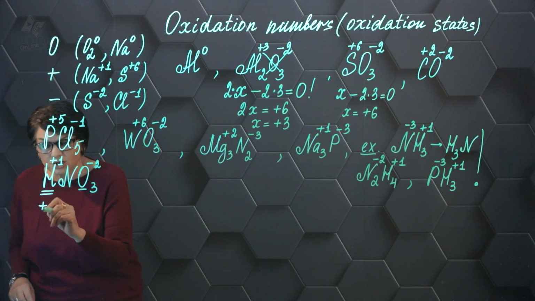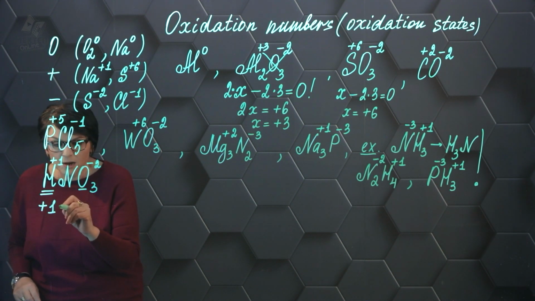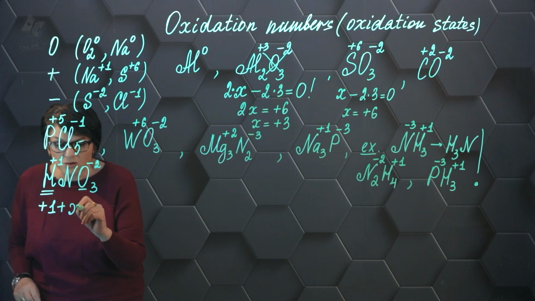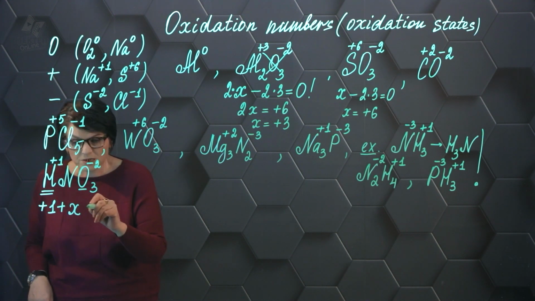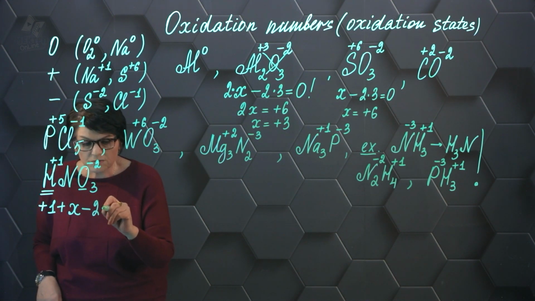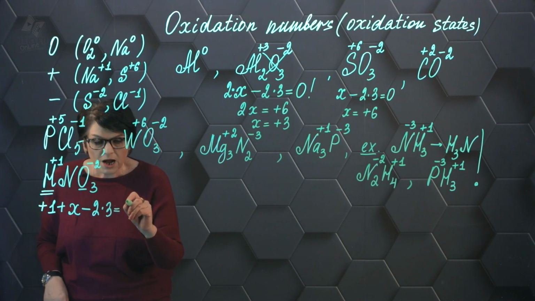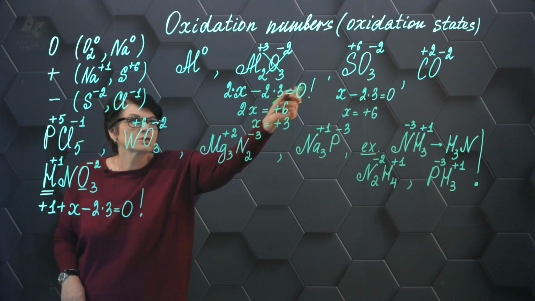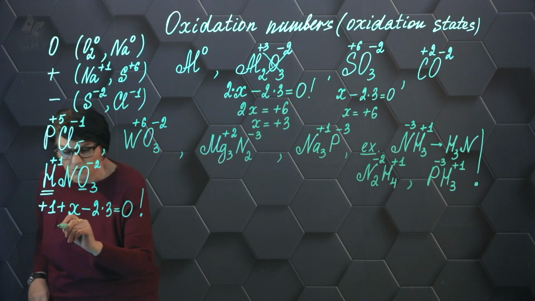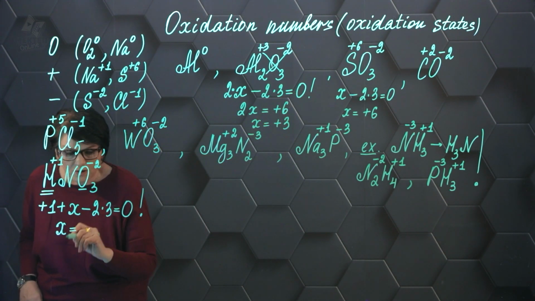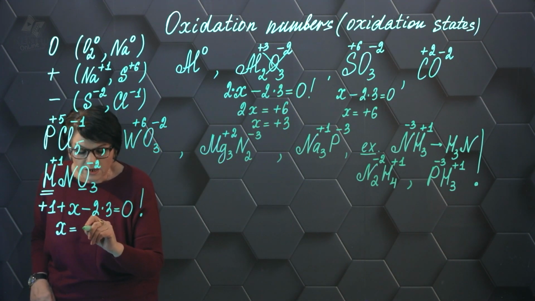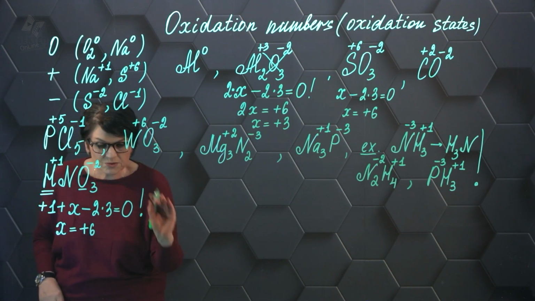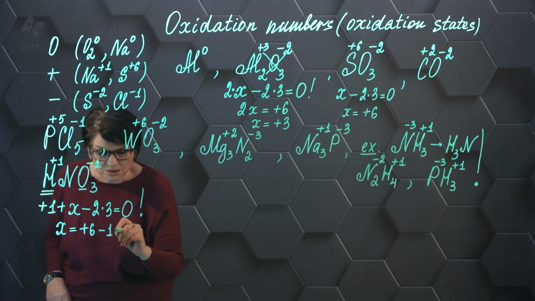Then we calculate: +1, nitrogen we don't know yet, let's denote it by x, minus 2 times 3, and the total is 0. Then we'll have an equation with one unknown, and on the right-hand side we'll have +6 carried over, -1, and so nitrogen will have +5.